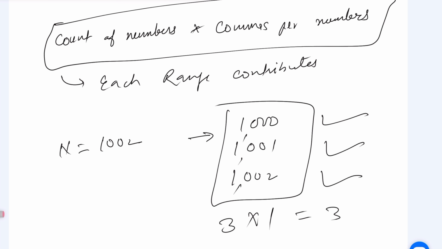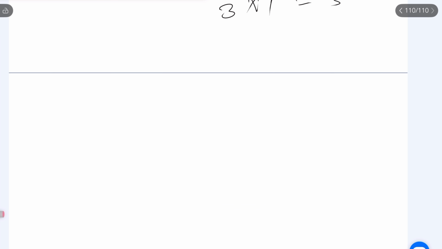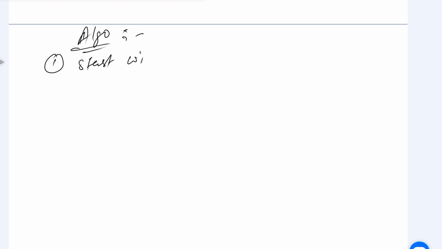Okay, now let's talk about the algorithm that we should use. Very first, we'll start with the base value. Let's take the base as 1000, from where we start getting the comma.